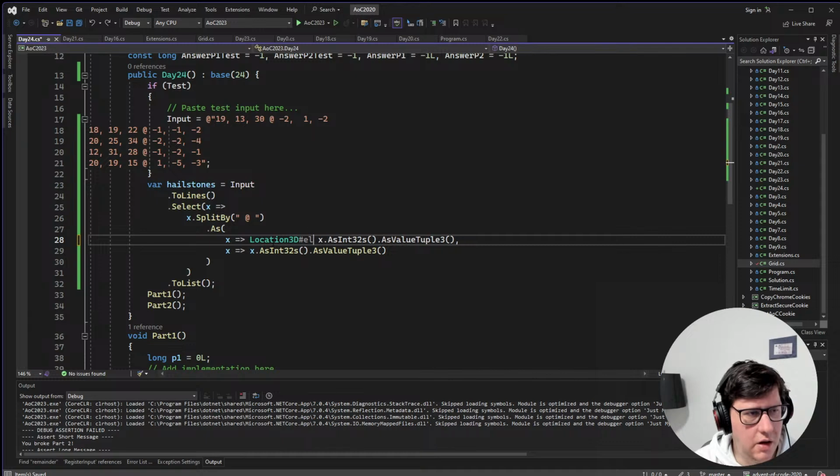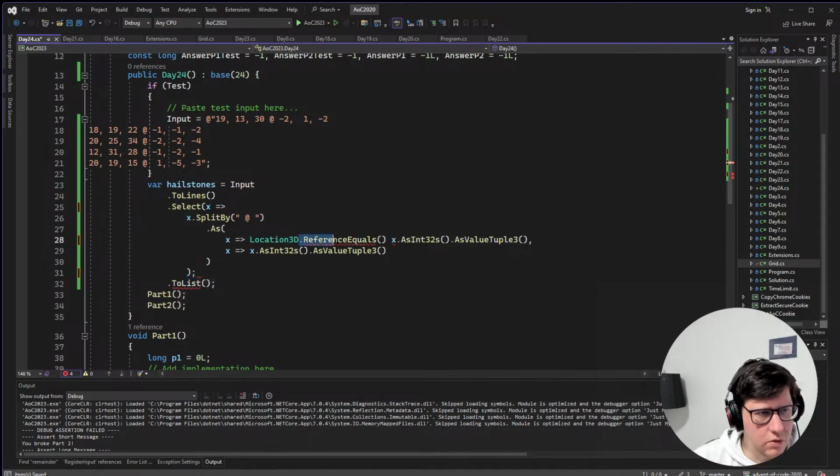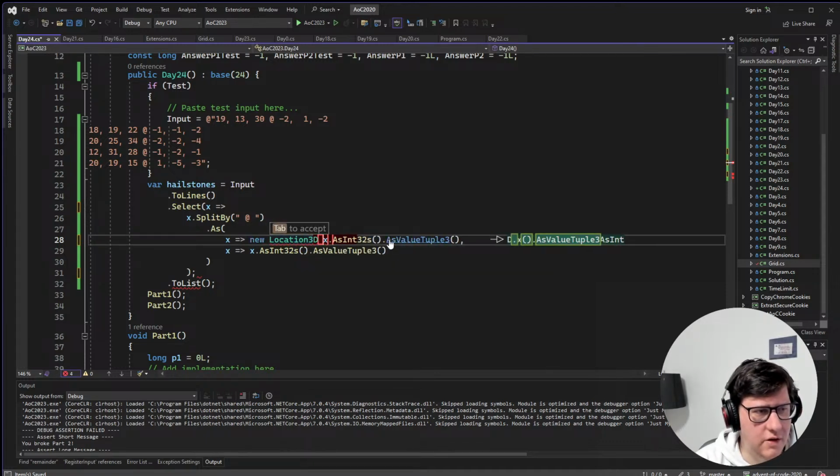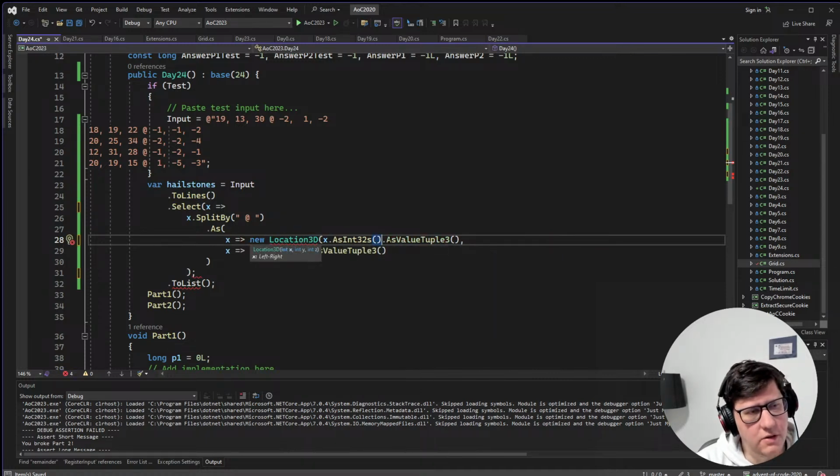Location3D dot... I wonder if I can just make also a constructor like this and do it like this, but then I would need to have a special constructor.